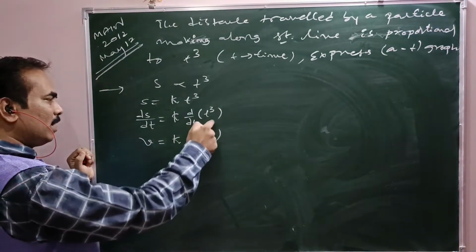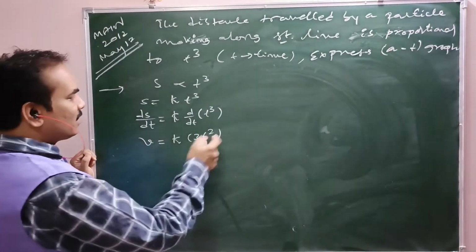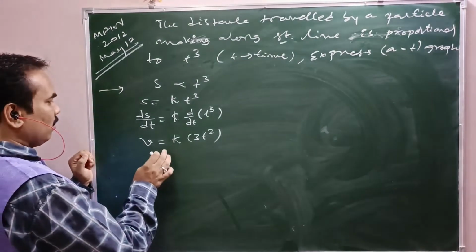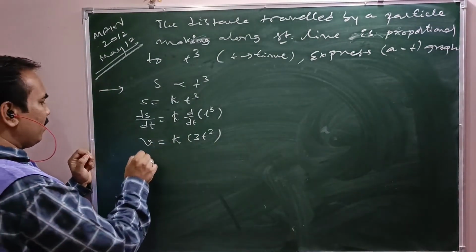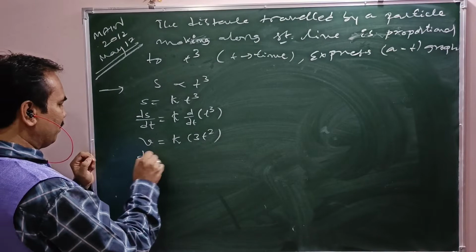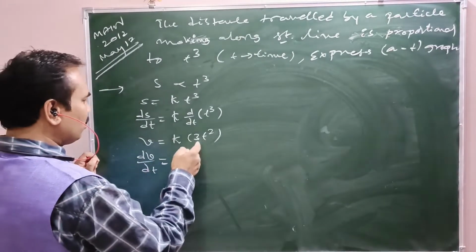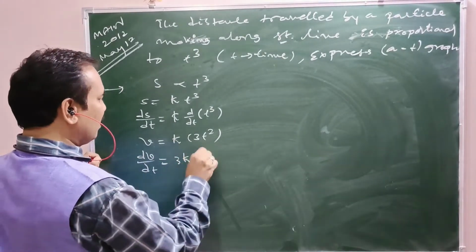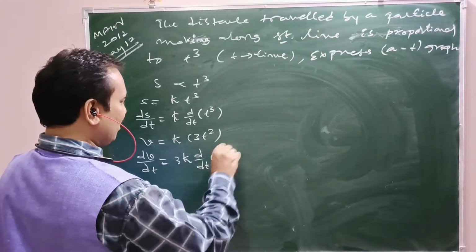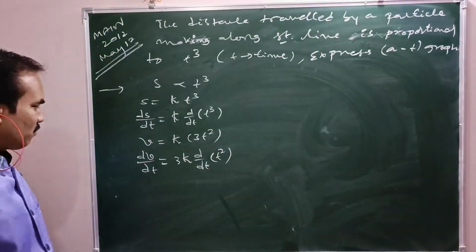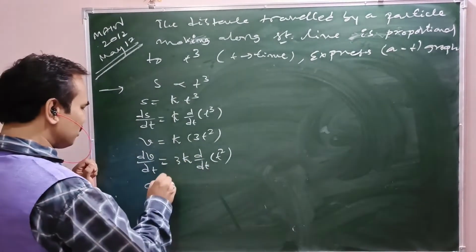Power into t power minus 1, that is 3t square. On differentiating again, dv by dt equal to 3k, constant, d by dt of t square. That is dv by dt, means acceleration.